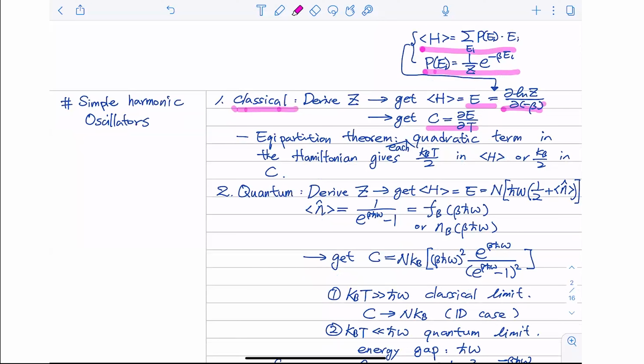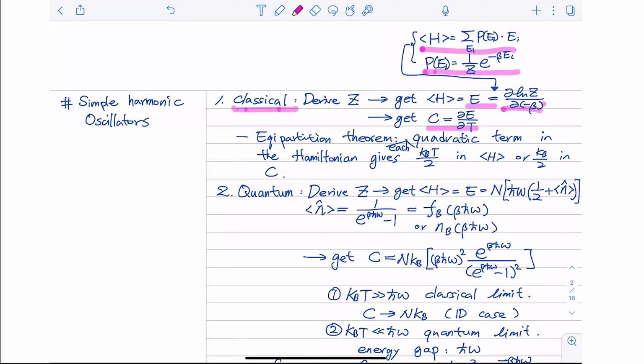From the classical simple harmonic oscillator, we motivate a very generic conclusion, which is basically if we try to use the equipartition theorem. In our lecture, we basically prove the equipartition theorem. The conclusion for that theorem is that each quadratic term in the Hamiltonian will contribute k_BT divided by 2 in the average energy.